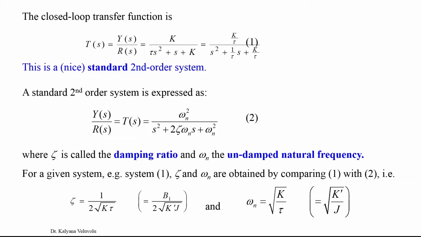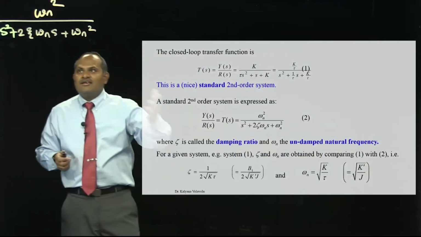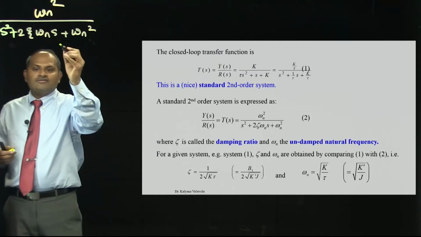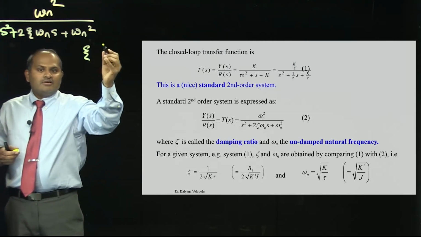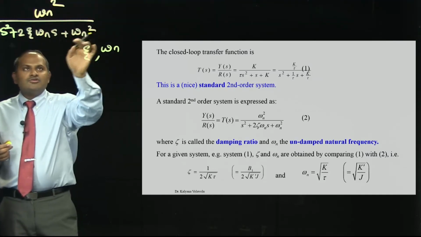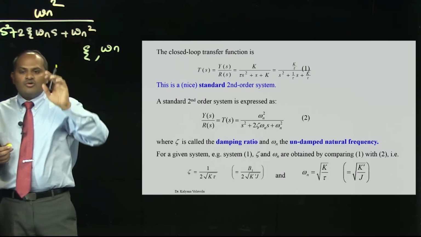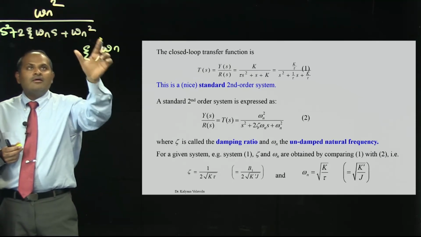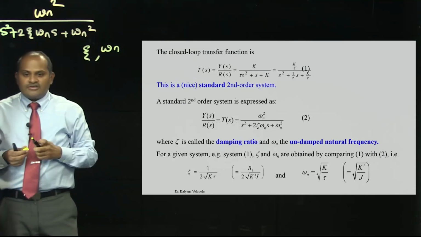What these two expressions mean is that here we have two terms, one is eta and one is omega n. In this second order equation, we only have two parameters. If we know eta and omega n, we can formulate the standard second order system.